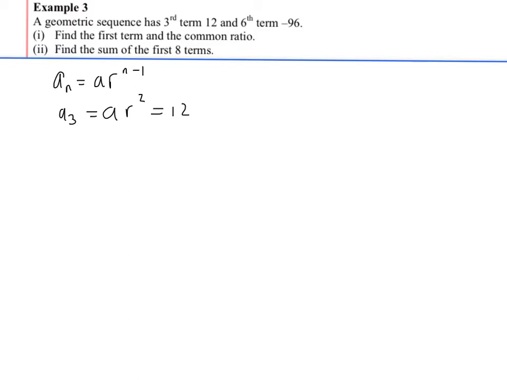We also have a_6 = a r^5, and this equals -96. And what we also do is work out the first term and the common ratio.